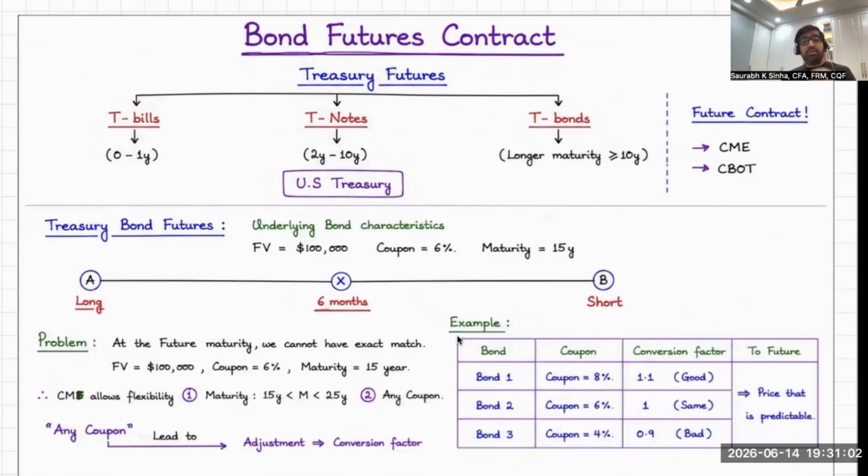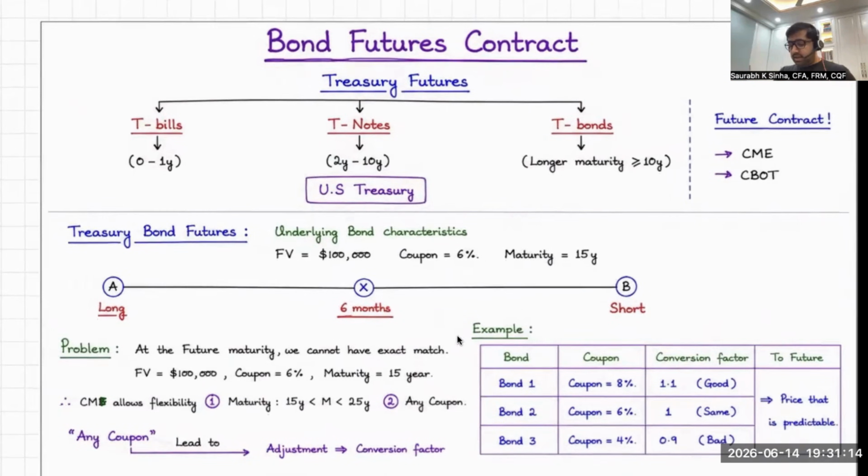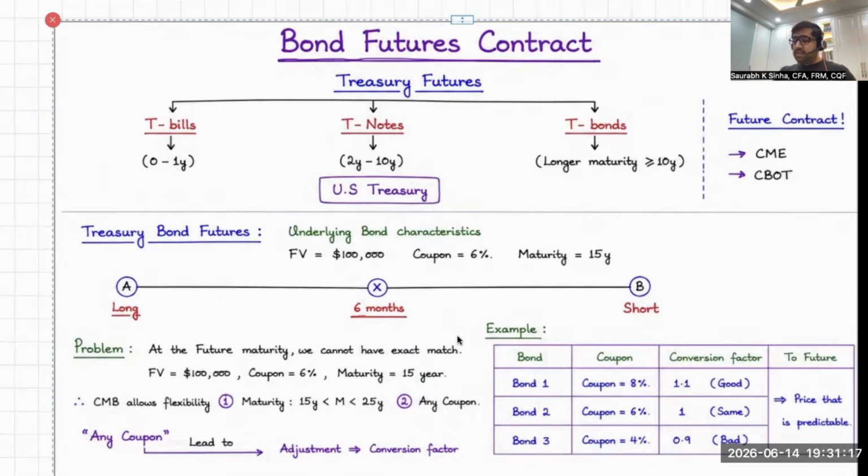And we are talking about the future contract written on these Treasury bonds, the T bonds, which has a maturity of 20 year, 30 year. And these future contracts are generally traded in the Chicago Mercantile Exchange, and Chicago Board of Trade. Okay.